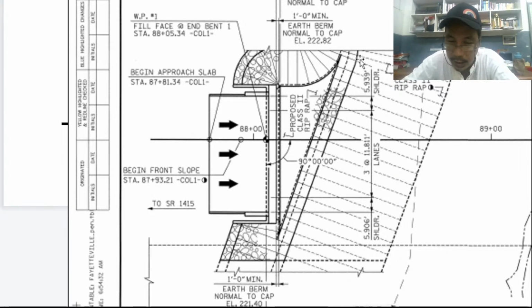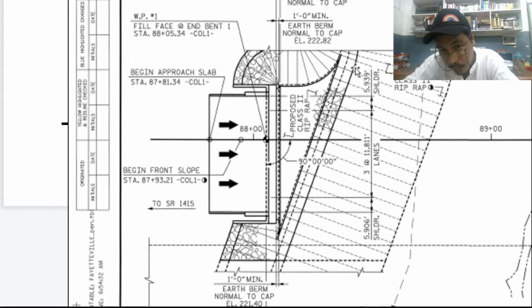So the riprap is actually not at 90 degrees with the direction of the bridge. This is the straight line reference of the bridge direction, and this is 90 degrees to that. However, the riprap is not perpendicular to that.